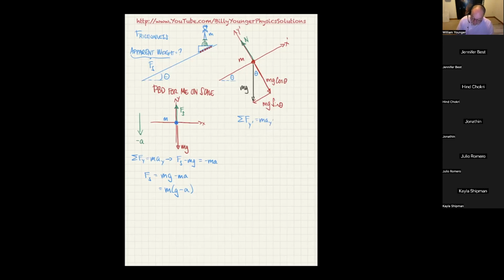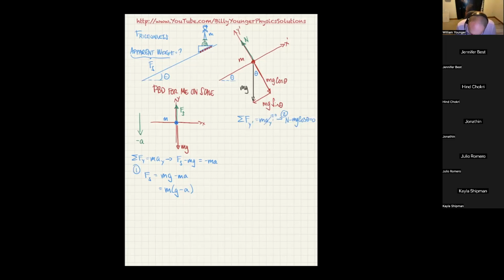That's not necessarily very helpful for us, okay? And in fact, that acceleration should be 0. And what I get from that is just n minus mg cosine theta is equal to 0. I'm going to call that equation 2, but it's not useful for us at all.